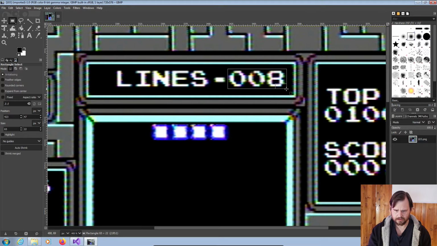Now this box is 65, so I think I probably want to make it 66 by 22. Looks pretty good. So this is a 66 by 22 box.